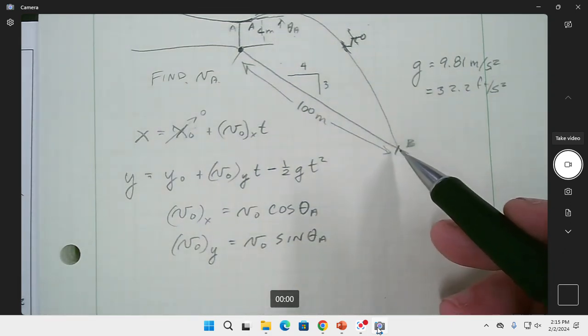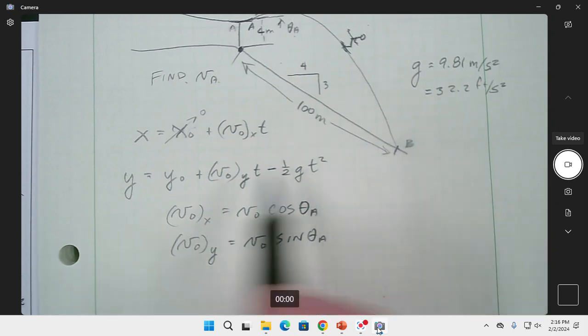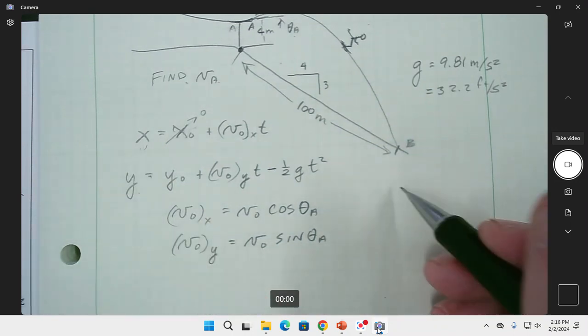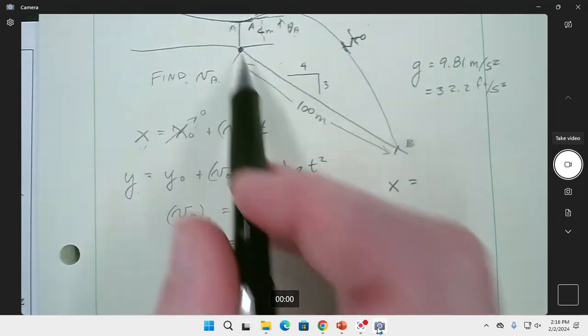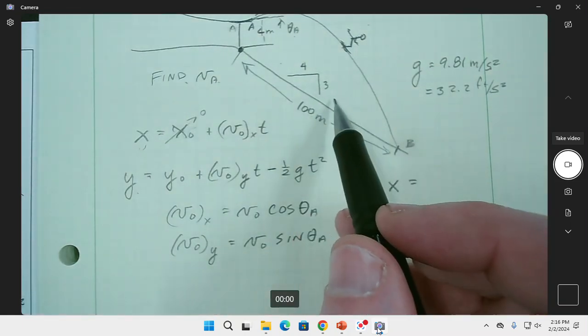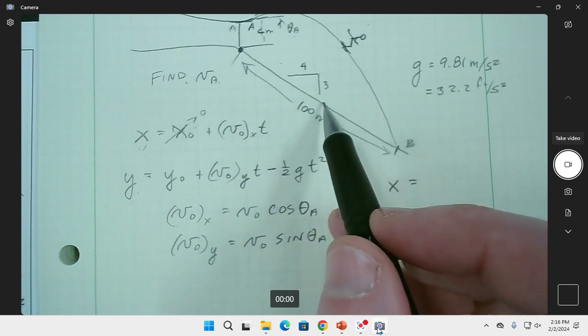As you're going along here, you might also establish what X and Y are going to be at the final point. So X, in terms of its final location, is going to be 100 meters times... I think it's going to be 3/5.